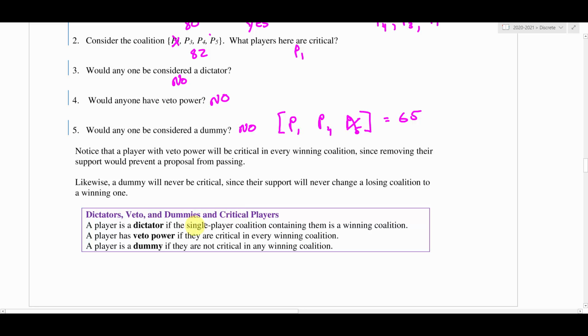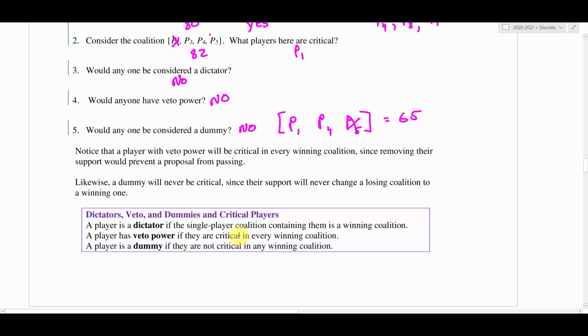And now that we know about coalitions and what they are, we can better define what a dictator is and what veto power is and what a dummy is. So a dictator is any player that can create a single player coalition and containing them as a winning coalition. A player has veto power if they are critical in every winning coalition.